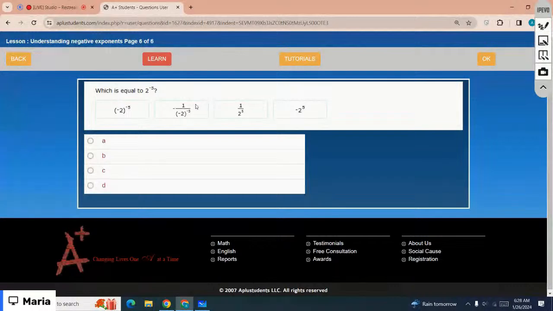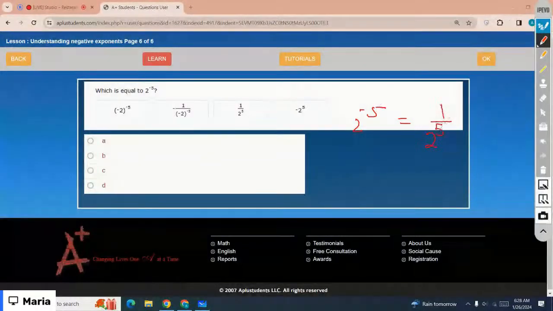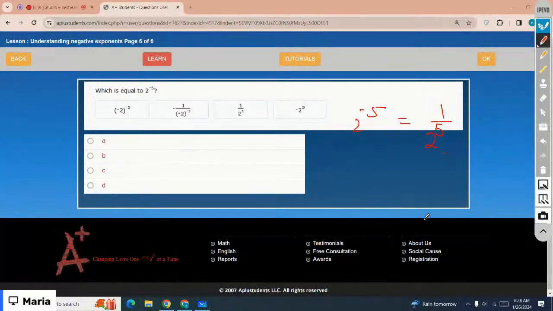Whenever you have a negative exponent, you can write it as a positive exponent by writing it in the denominator, dividing 1 by it. Like here you have 2 exponent negative 5, so you can make it positive by writing 1 divided by 2 exponent 5. When you move the exponent from numerator to denominator, it becomes a positive exponent. And the reverse is also possible. When you have 1 over 2 exponent 5, you can write it in the numerator as 2 exponent negative 5. Got it? So option number C is the correct option.